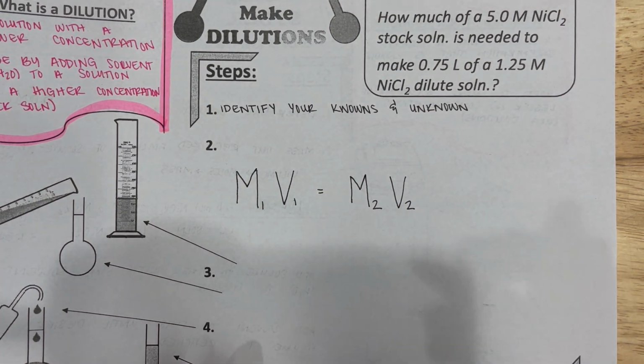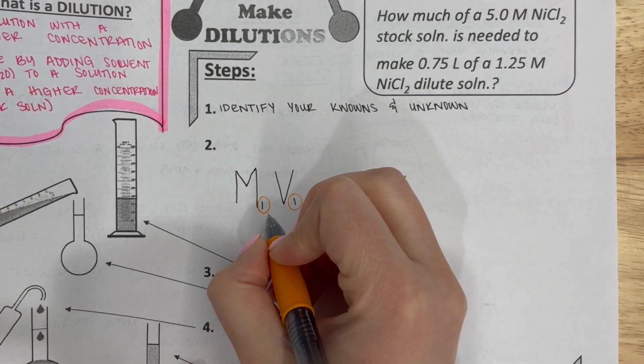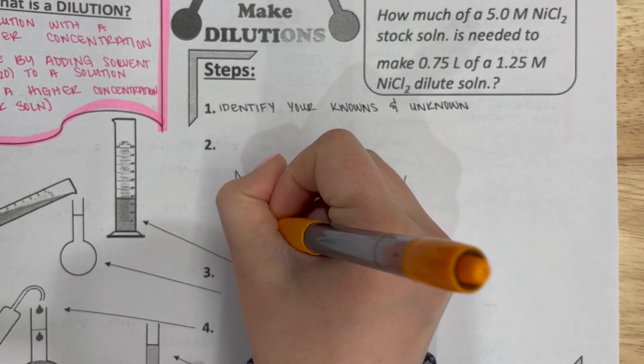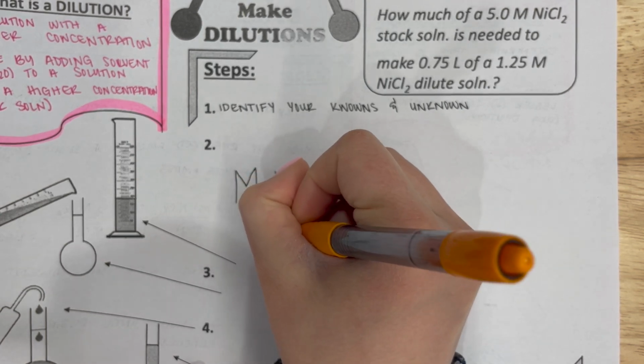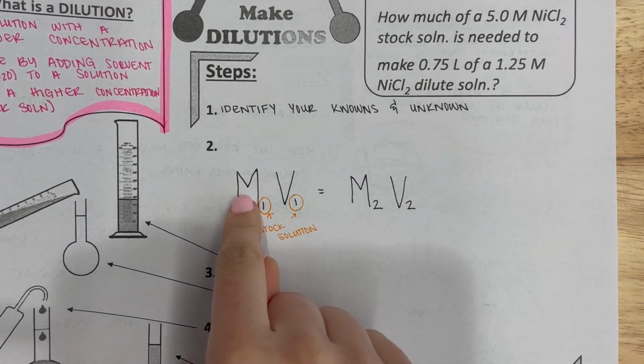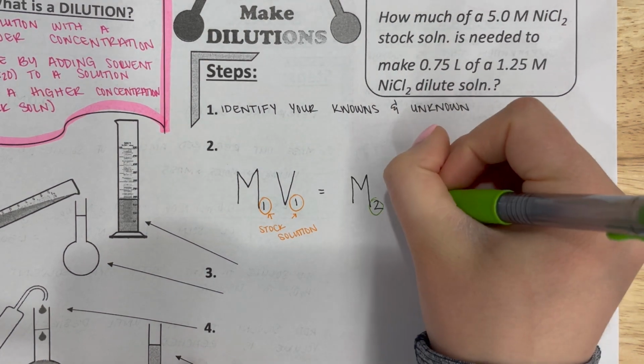Now, here's what these things stand for. Whatever your ones are, we're going to say that this is our stock solution. Right? Molarity, volume. Our 2's then are going to be our diluted solution.